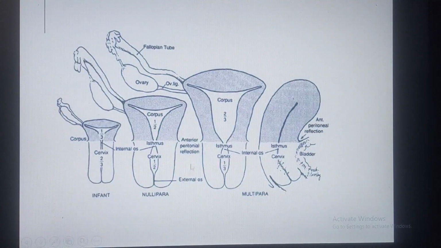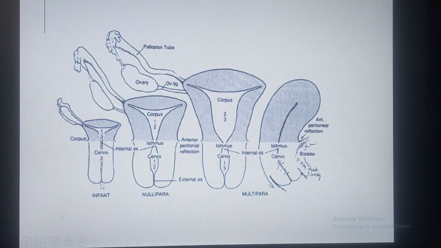Now one important thing that we have to know regarding the cervix as well as the body, or the corpus. I told you that the cervix is just part of the uterus, and we also have the body of the uterus. Depending on the age or the reproductive state of an individual, we may have variations with the cervix and the body of the uterus. Their ratios may vary.